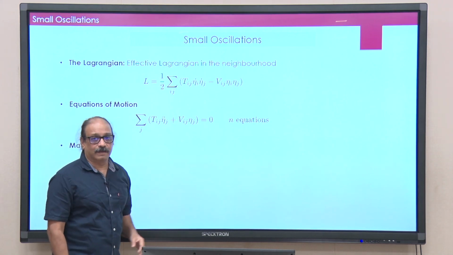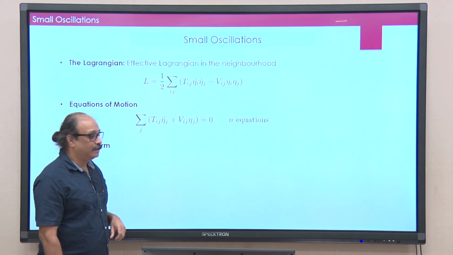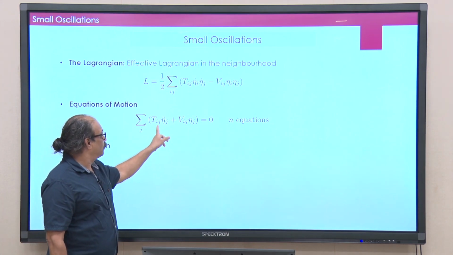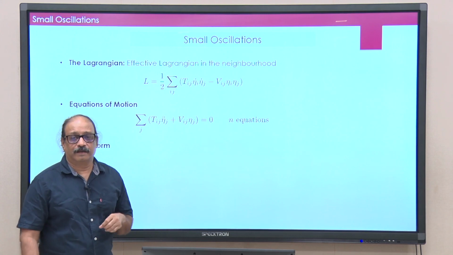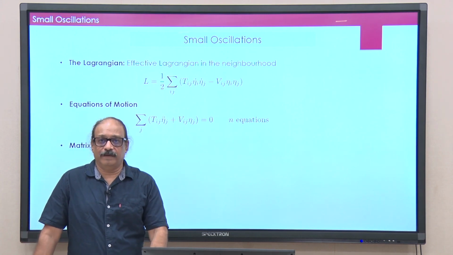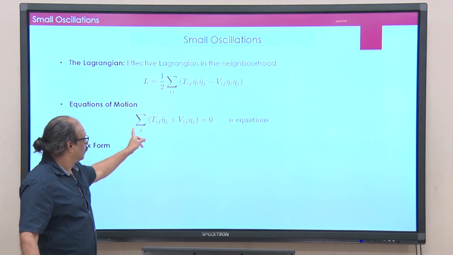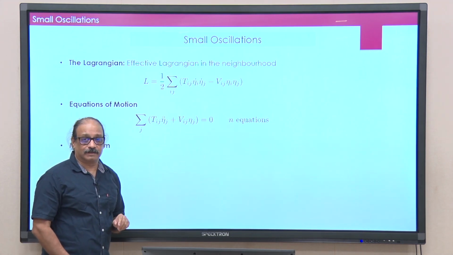So, that basically comes to a very straightforward linear equation, and in this one, remember this index i can go from 1 to n. That means there are n independent equations in this.